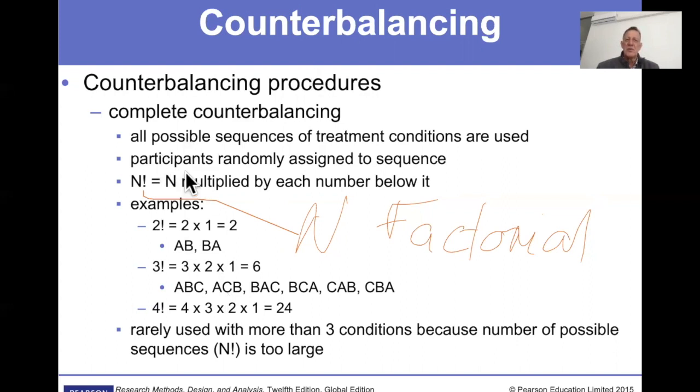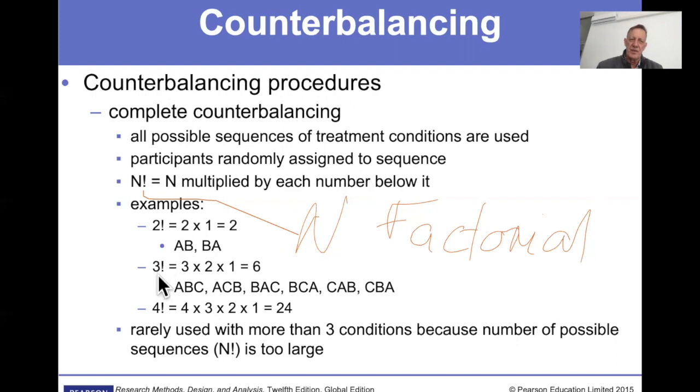We use a formula, which you need to know, called n factorial. It is n multiplied by each number below it. For instance, if we have 2 levels, 2 factorial means 2 times 1 equals 2. So there are 2 conditions, AB and BA.